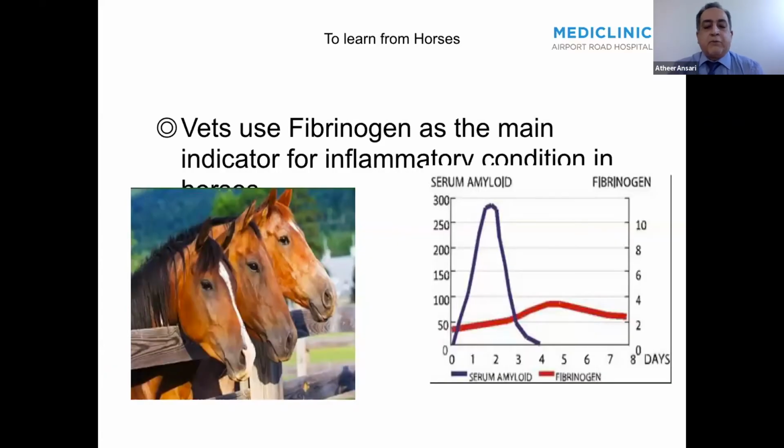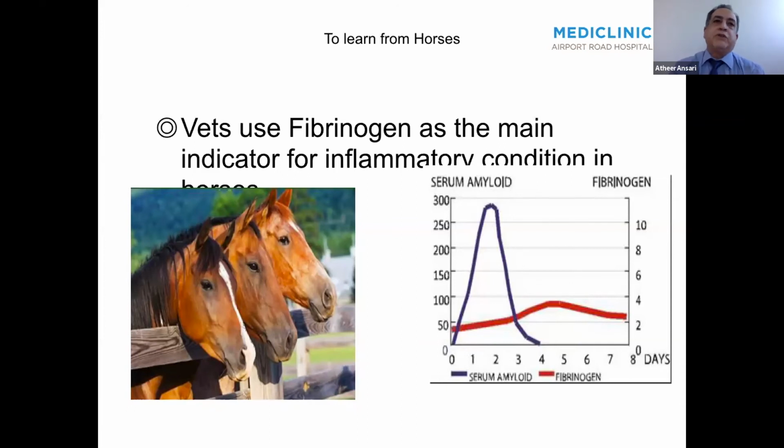I took this from the veterinarians, when they study the animal condition, they take fibrinogen. Fibrinogen gives them like a cumulative reading, similar to hemoglobin A1C in diabetes. It gives you the condition over 3 months.